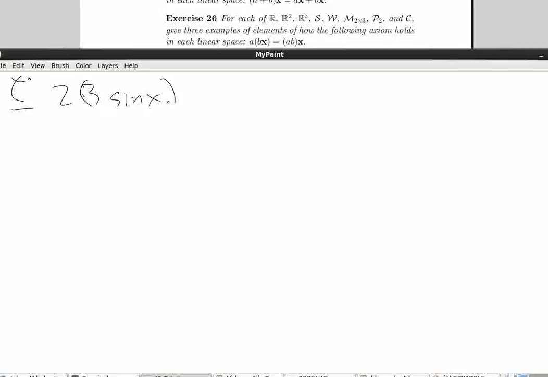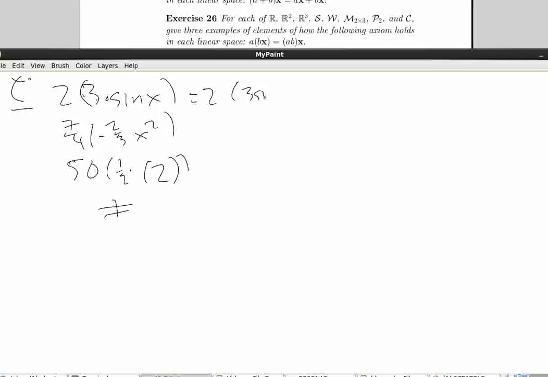I'll call it sine x, where sine x is restricted, I don't know. 7/4 times negative 2/3 x squared, and 50 times a half times the function, which will just be a constant function 2. So 3 times sine x gives me the function 3 sine x, equals 6 sine x, multiply it through, equals 2 times 3 sine x.